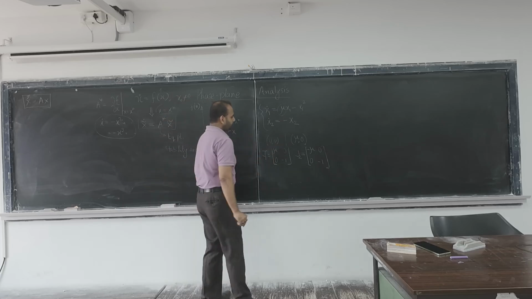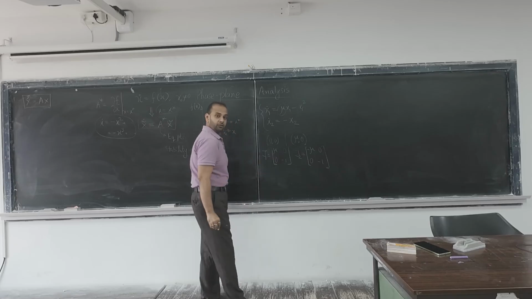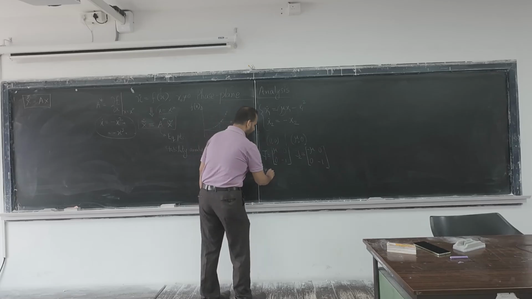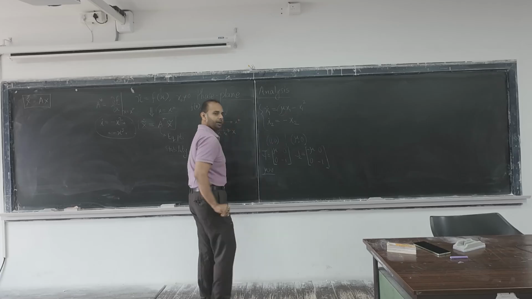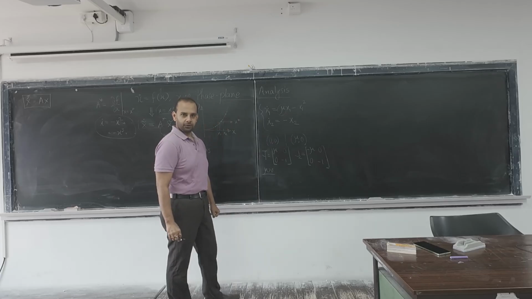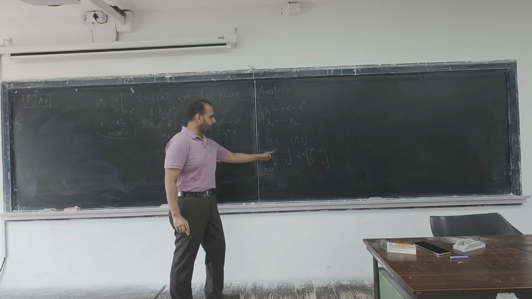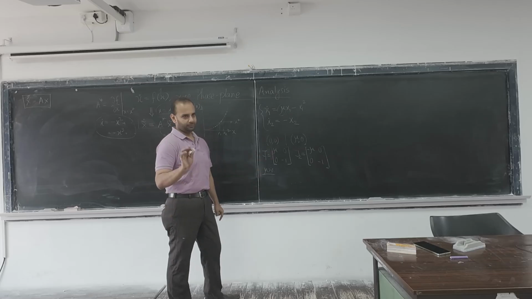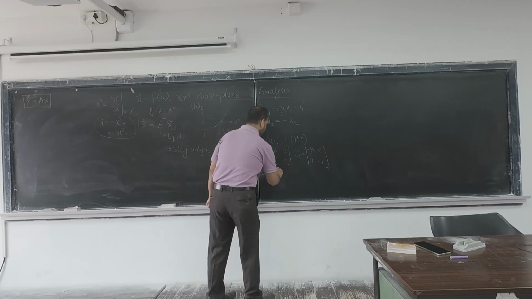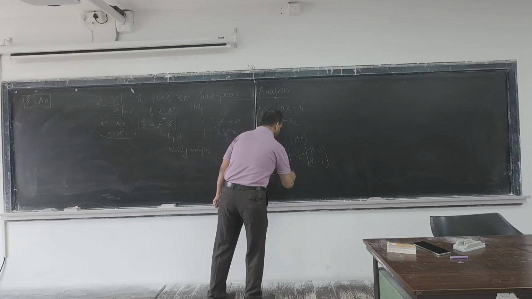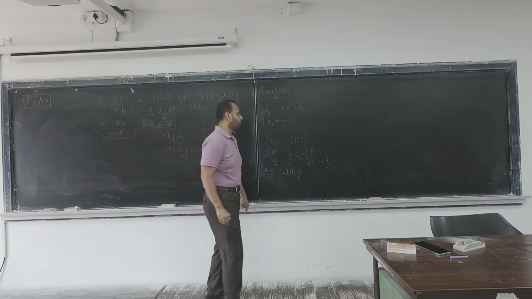So in this case, for the positive range of mu, if mu is positive, what will happen? It's a saddle point, right? Or rather at this moment we haven't yet learned saddle point, but anyway, one eigenvalue would be positive, one negative, so unstable, right? So for mu greater than 0, just as of now I am writing saddle point because the saddle point is what we are now going to learn.